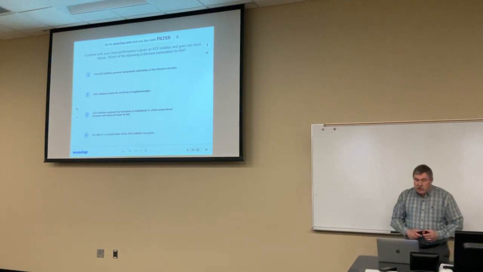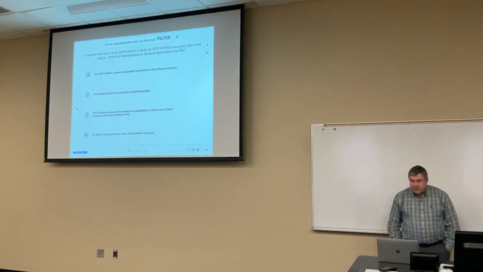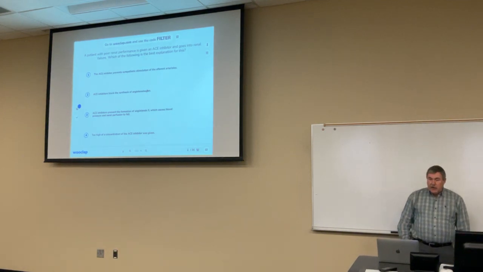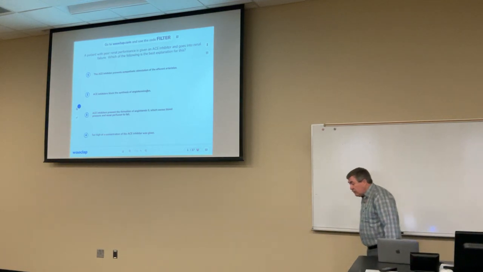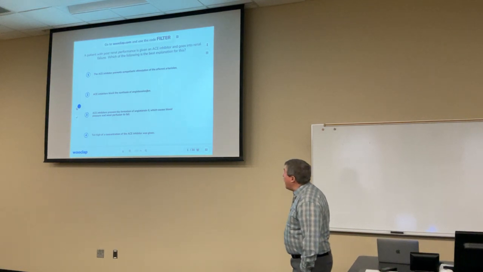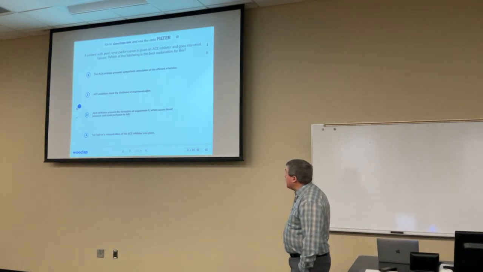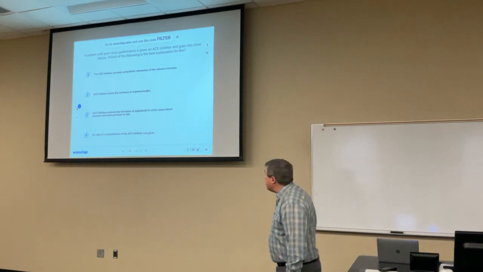So it says, a patient with poor renal performance is given an ACE inhibitor and goes into renal failure. Which of the following is the best explanation for this? Okay, so this is sort of a medical scenario. Would this happen because the ACE inhibitor prevents sympathetic stimulation of the afferent arterioles? Is it because ACE inhibitors block the synthesis of angiotensinogen?